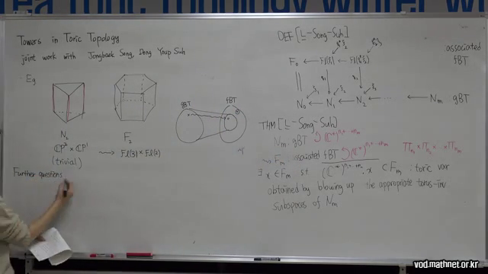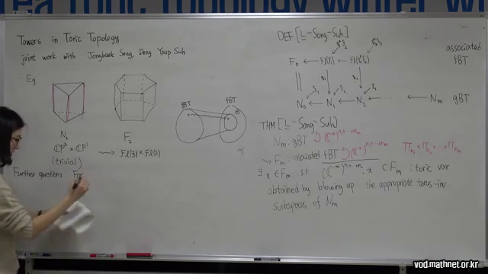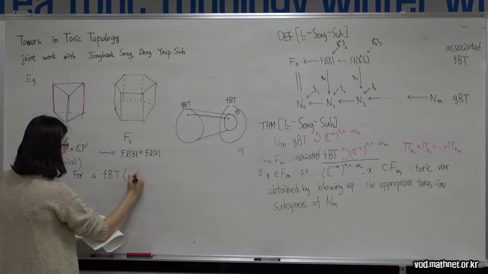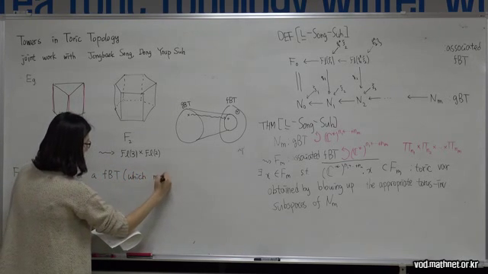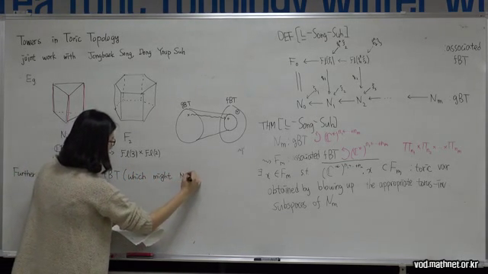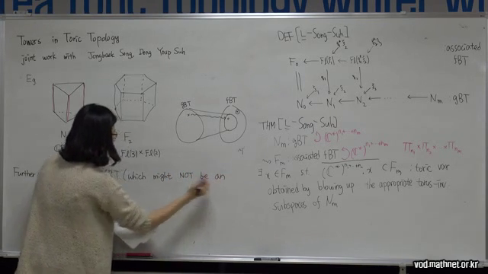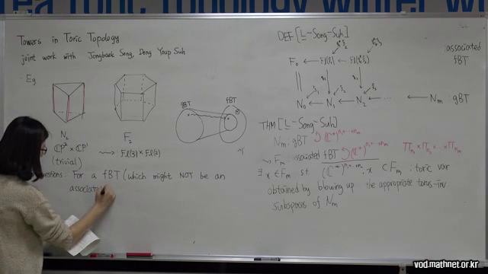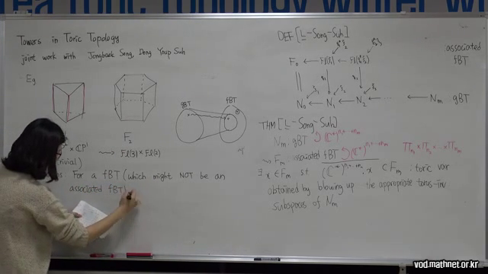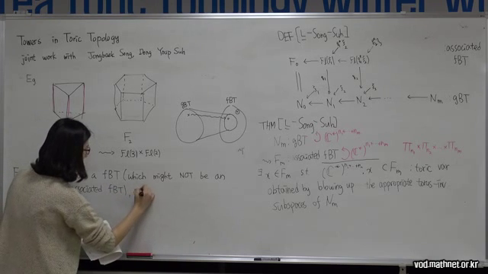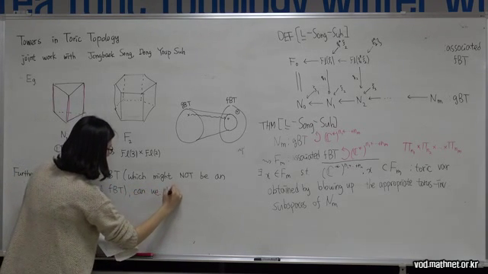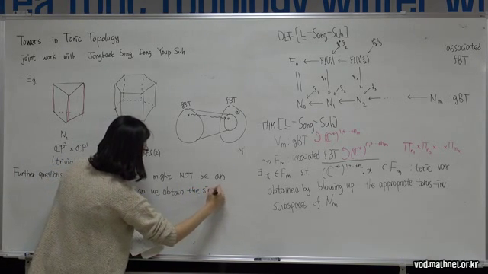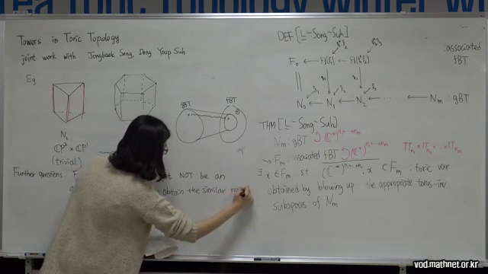So for a flagified Bott tower which might not be an associated flagified Bott tower, can we obtain a similar result?